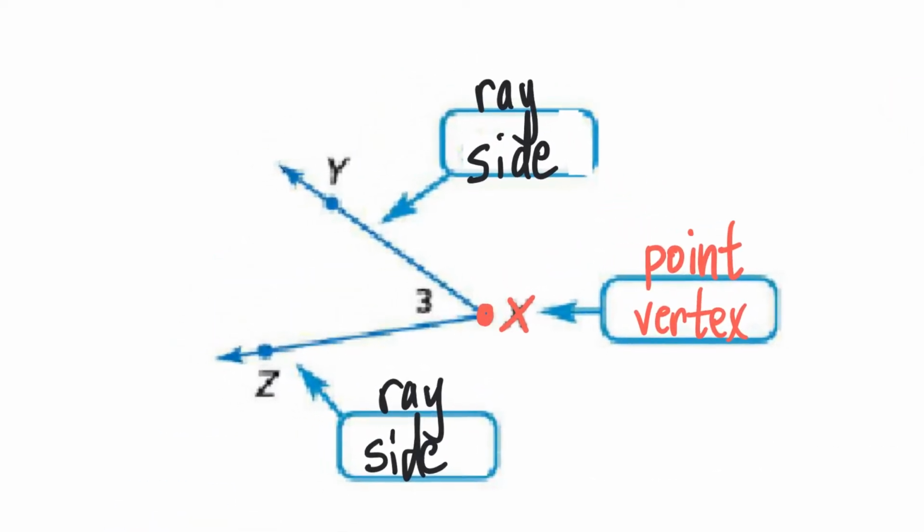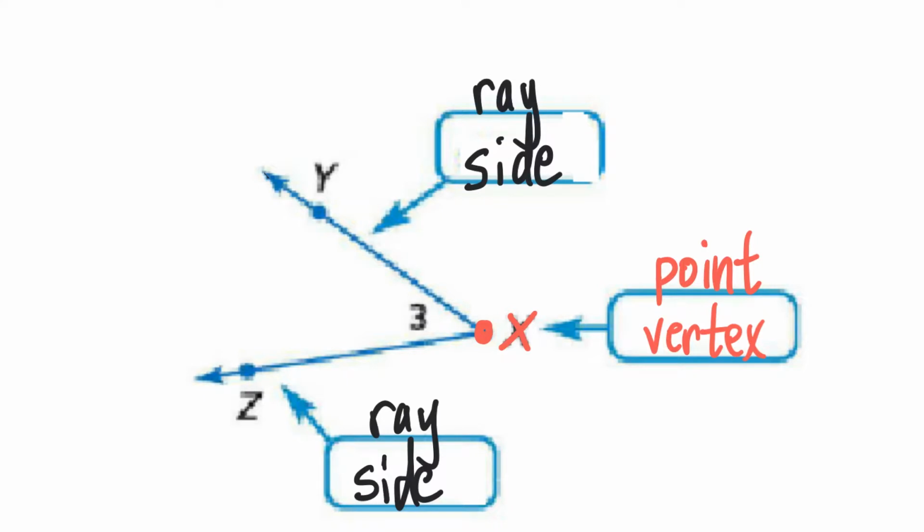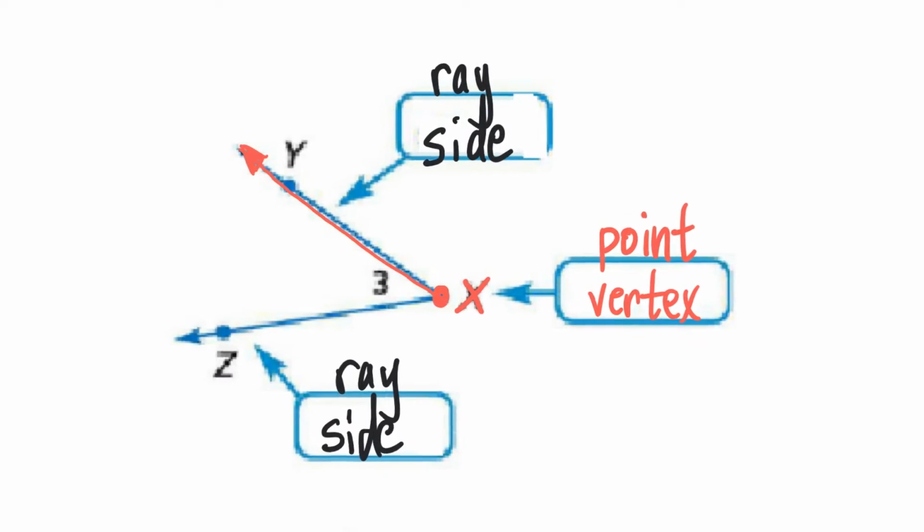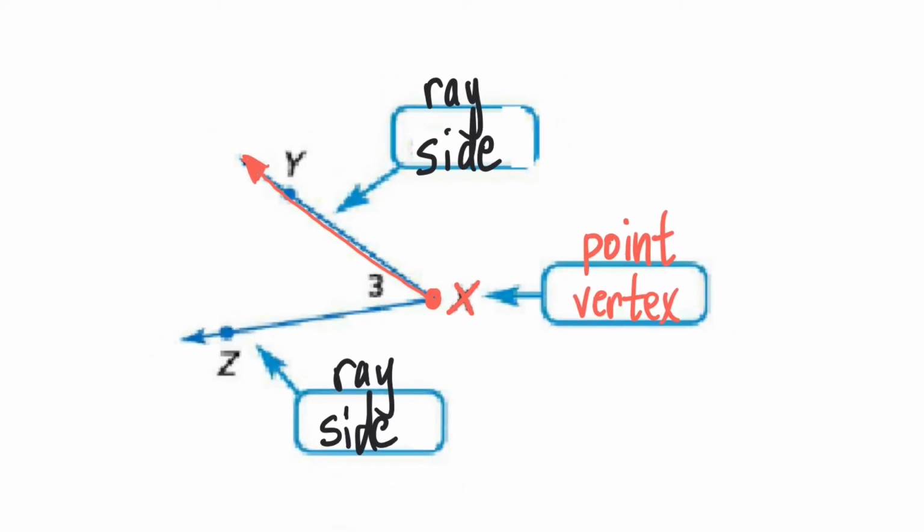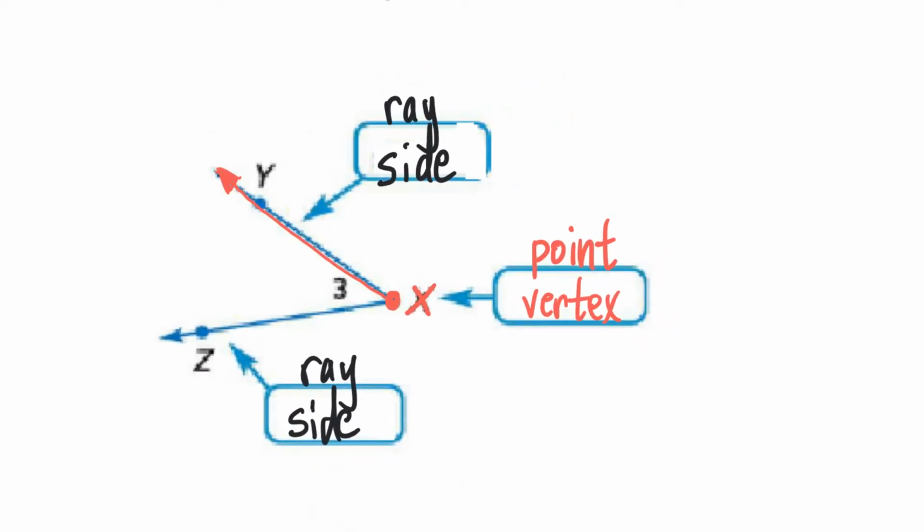Okay, now let's go back and talk about naming these pieces. So I'm going back to this thing right here. What did we say that this was by itself? It's a ray. Okay, and we've talked about how to name rays. So how would I name just that ray, just that side? It's not a point by itself.